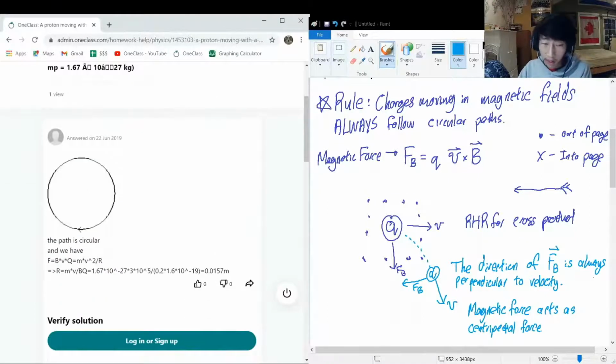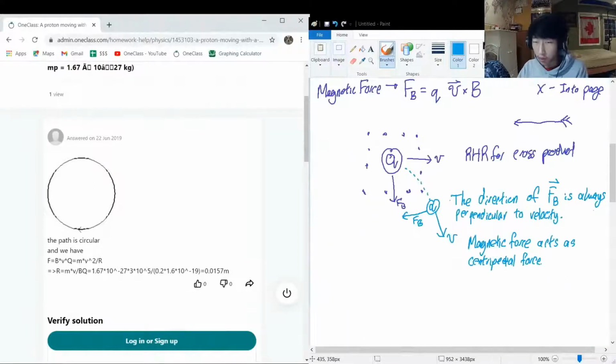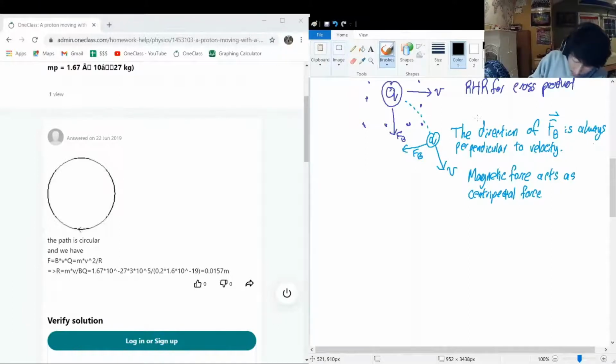And in this circular path, we know that the magnetic force is acting as a centripetal force. So we can write an equation for that. Magnetic force is equal to centripetal force.